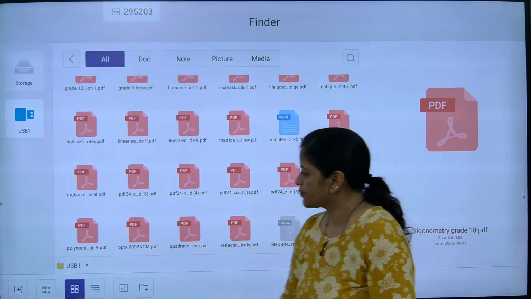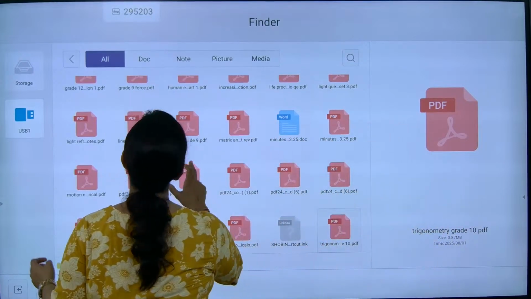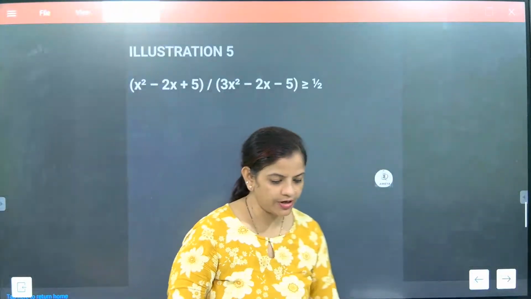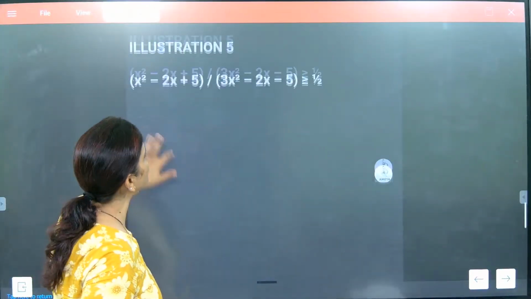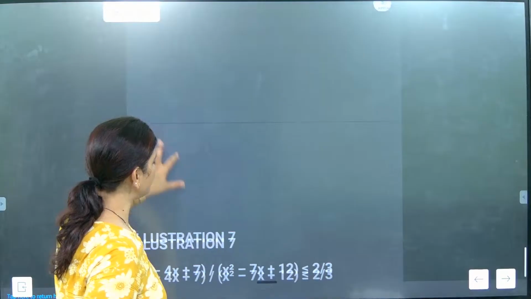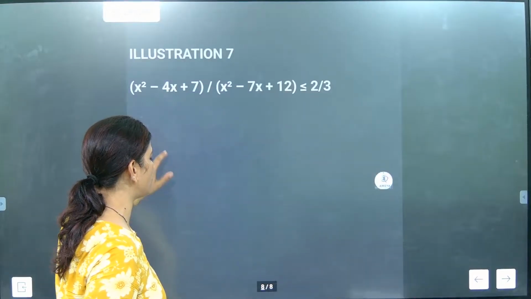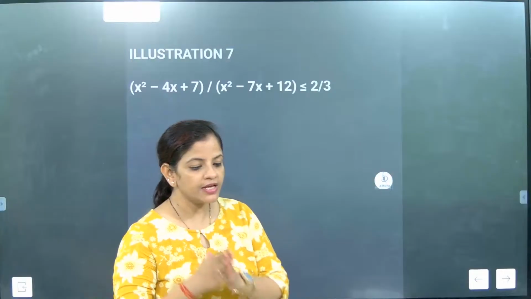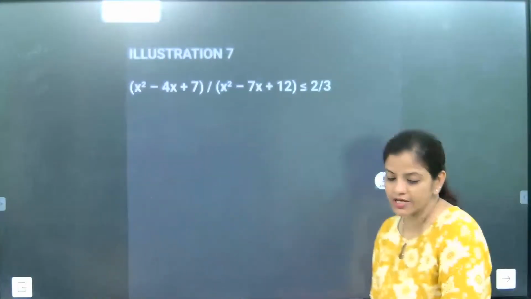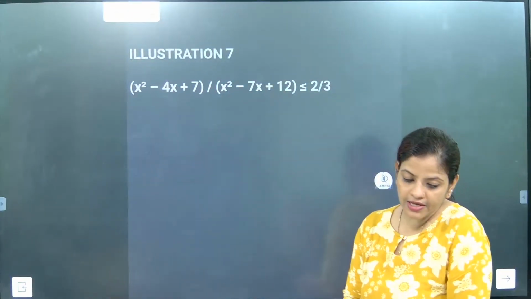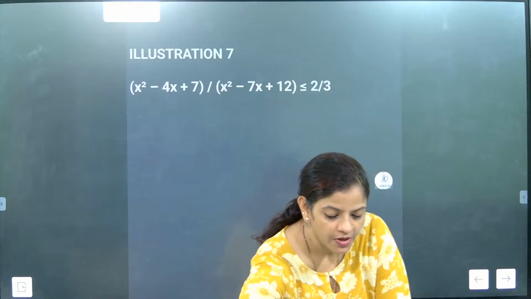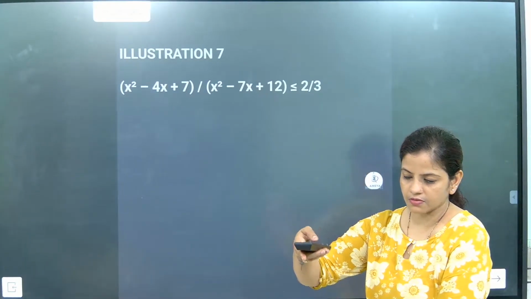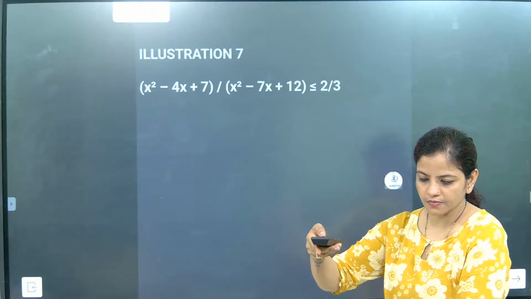So now look at it. For increasing and decreasing function, last class I explained a very important point. In that we have solved some of the inequalities and I taught some of the basic concepts of inequality. In the basic part of inequality, what did I say?